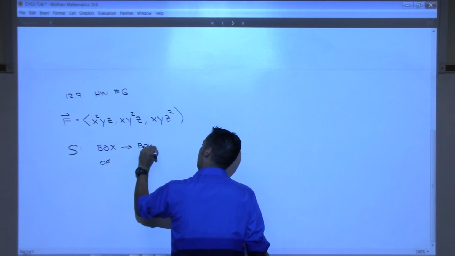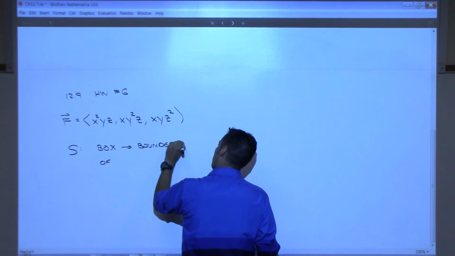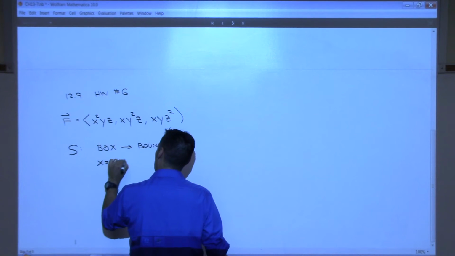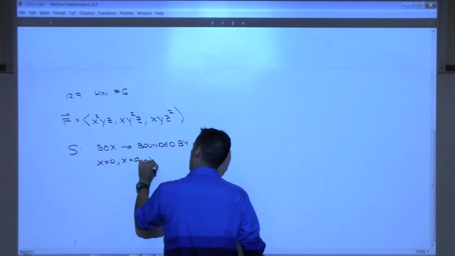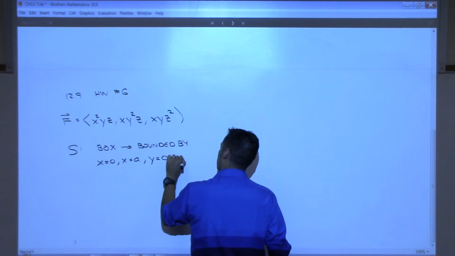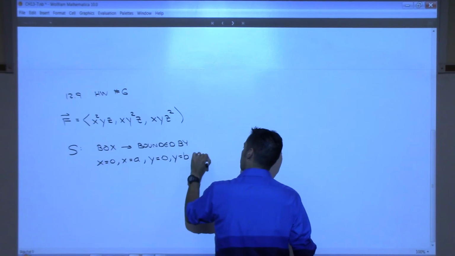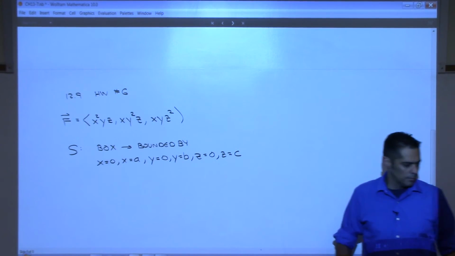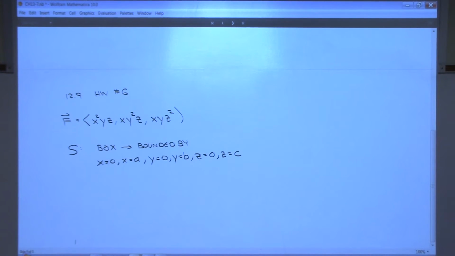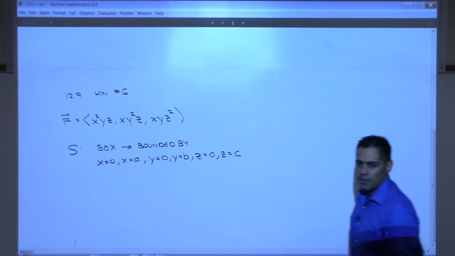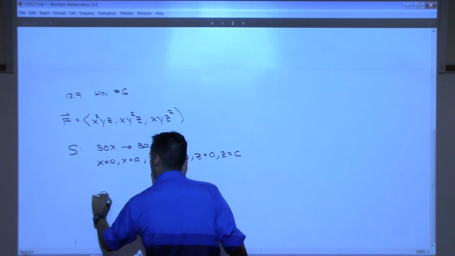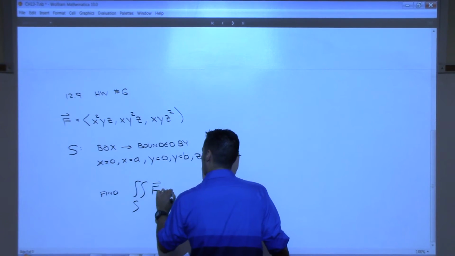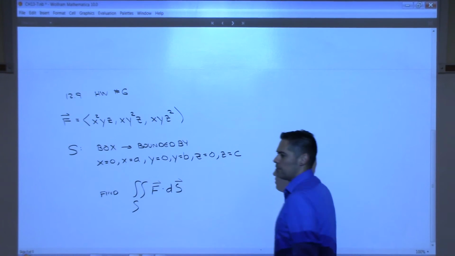It's bounded by x equals 0, x equals a, y equals 0, y equals b, z equals 0, z equals c. Find the flux through this surface.